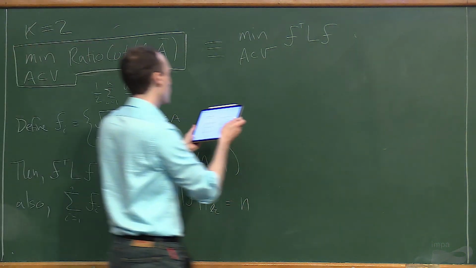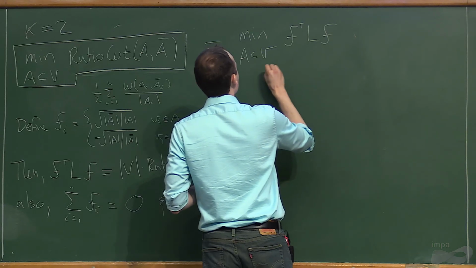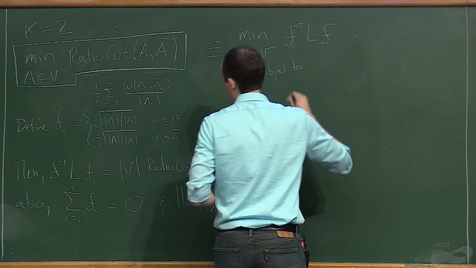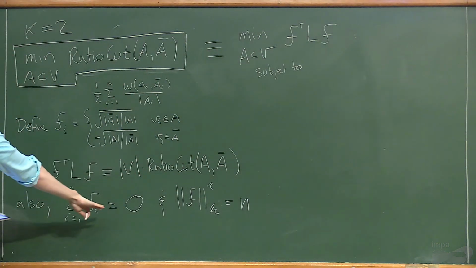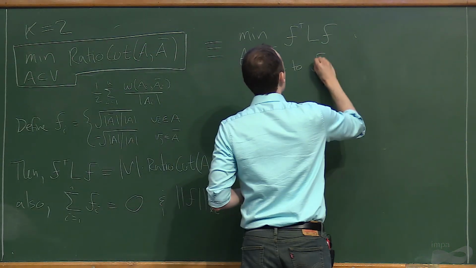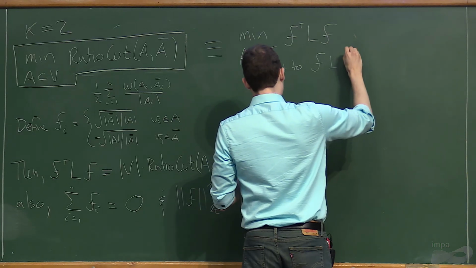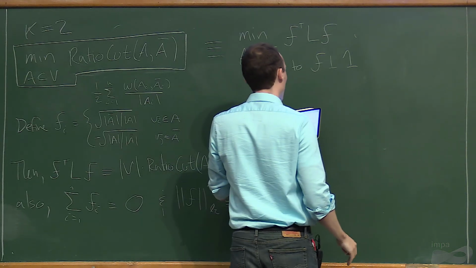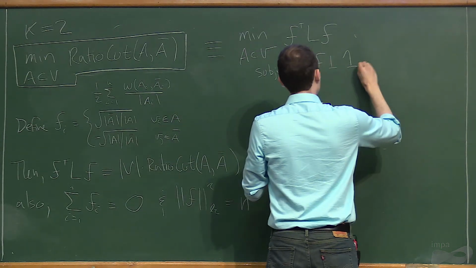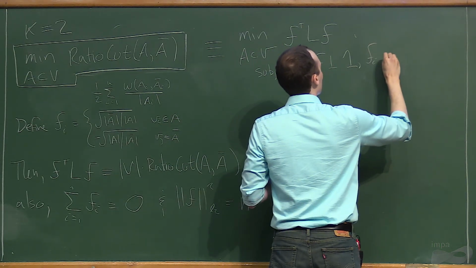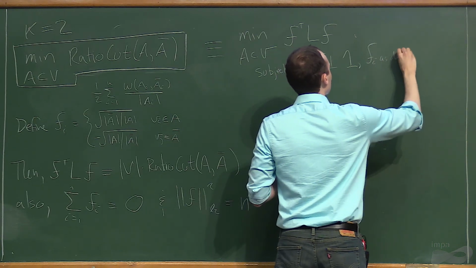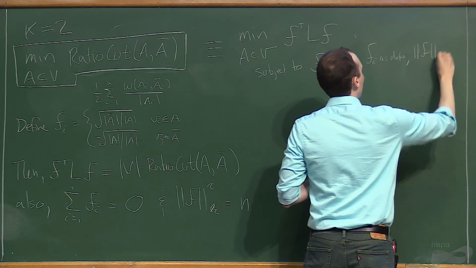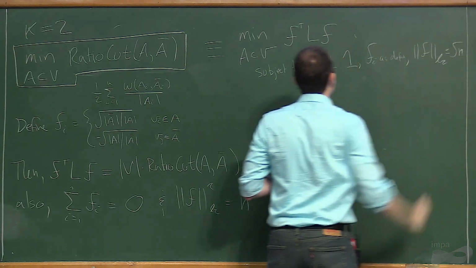We're now minimizing this problem subject to the constraints that we've observed here, namely that this vector f is perpendicular to the vector of all ones, and that f in L2 norm is square root n.